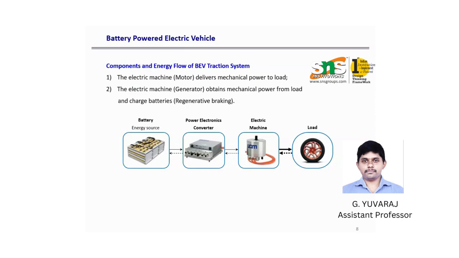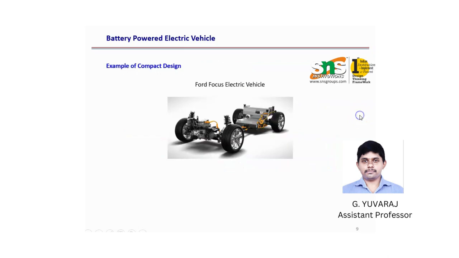The major components we have seen are the battery, power electronics converter, and electric machine, and with the help of these components it transmits the power to the load or to the wheel, so that it allows the motion of the vehicle. Based upon this we expect the efficiency of the engine, and also the flow of speed which has been explained for this battery powered vehicle.